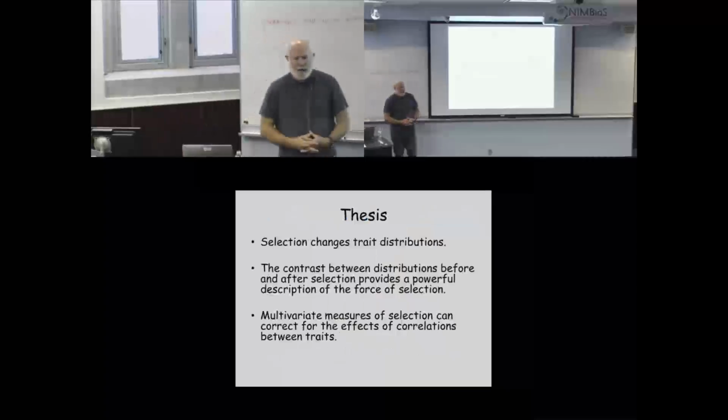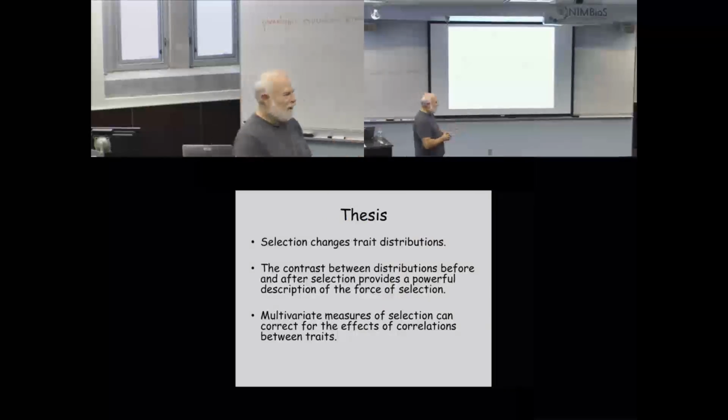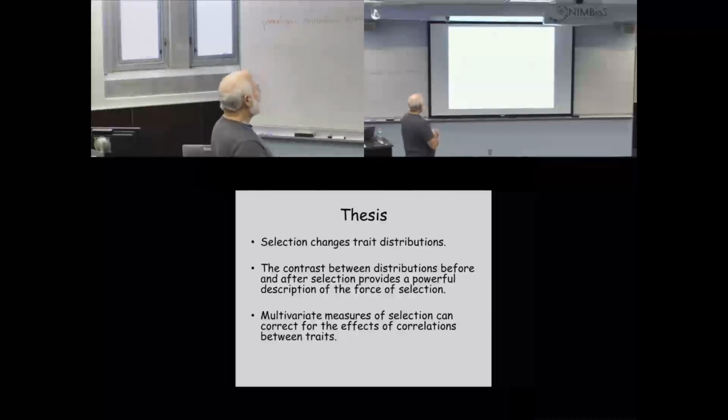Okay, so again, I always do things in threes, right? Three, the magic number. Thesis in three parts, just three main messages. Selection changes trait distributions, and we're talking about now within a generation. And so what we want to do is contrast the distributions before and after selection, and we're going to show that this provides a powerful and useful description of selection.